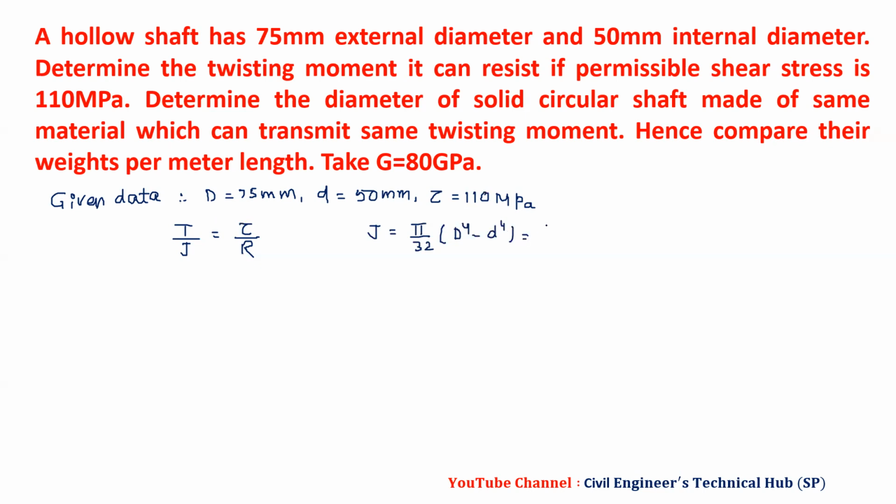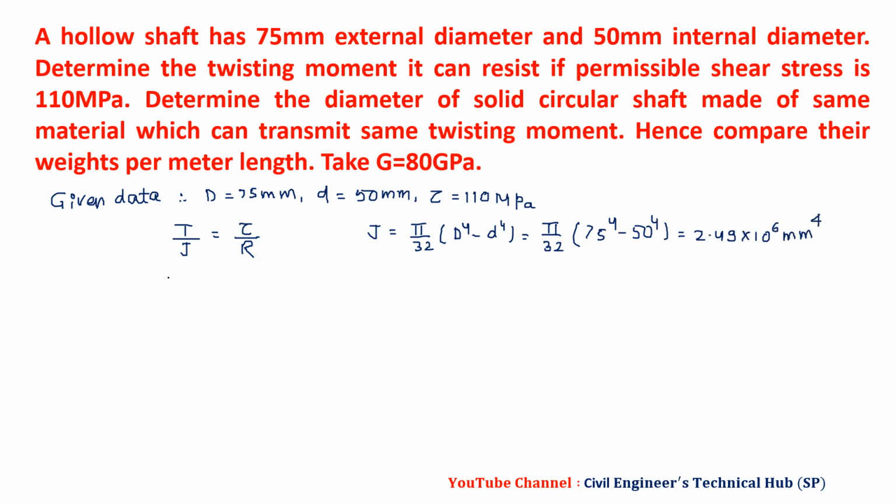So we have pi by 32 into (75 to the power 4 minus 50 to the power 4). And we have this value 2.49 into 10 raised to 6 millimeter to the power 4.